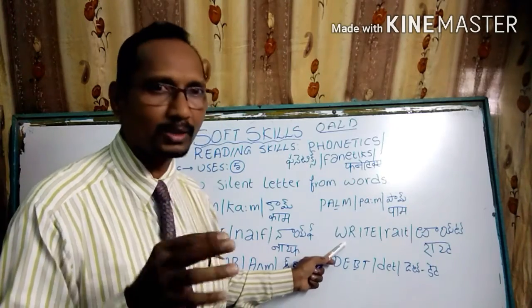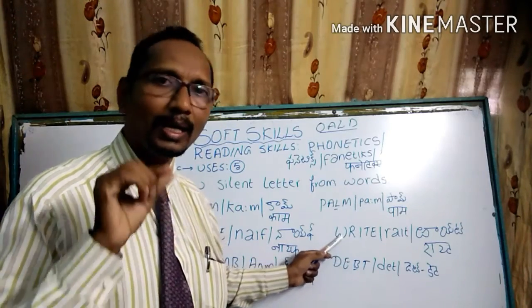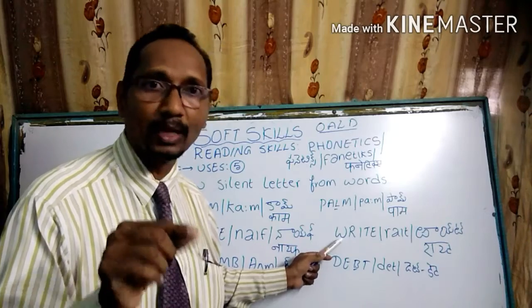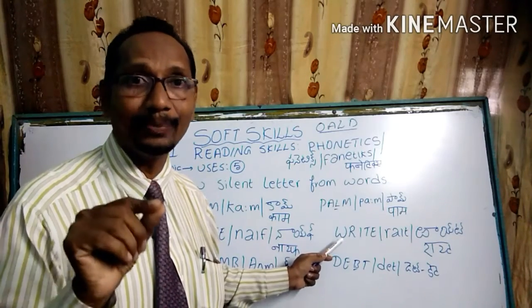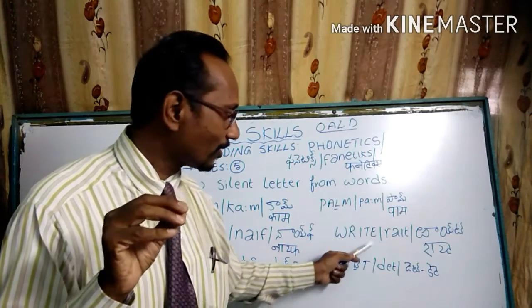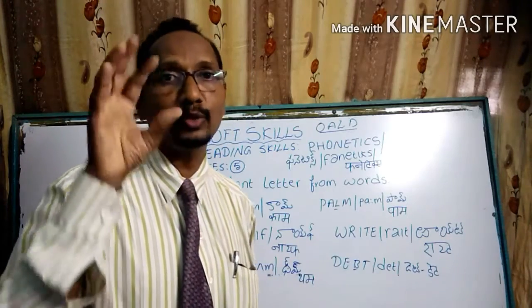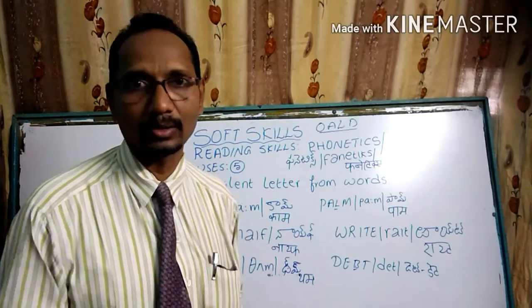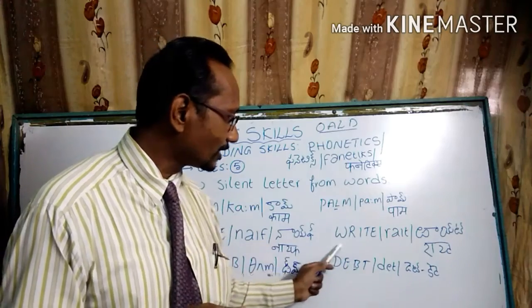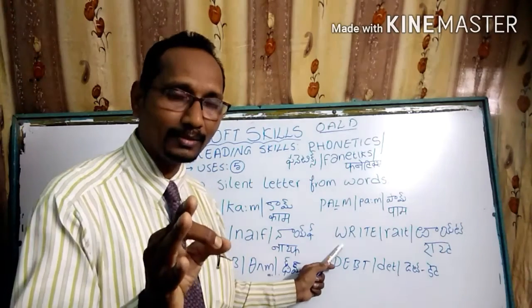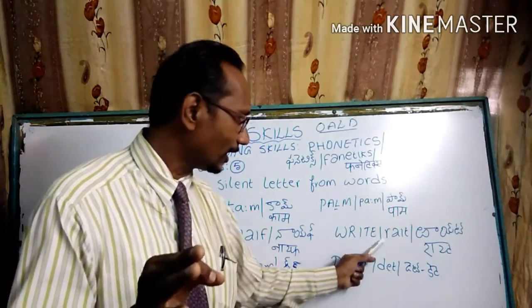If they want to pronounce this word, they pronounce it with a W sound also. It should not have the W. When the word is pronounced as write, they used to call it with a W. But based on the phonetics, that letter should be silent.